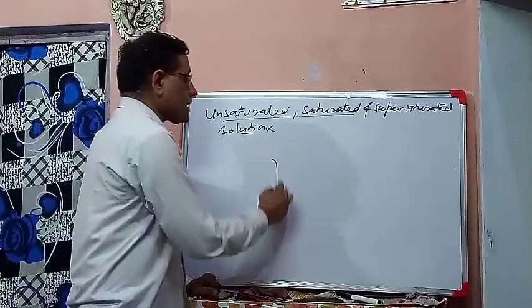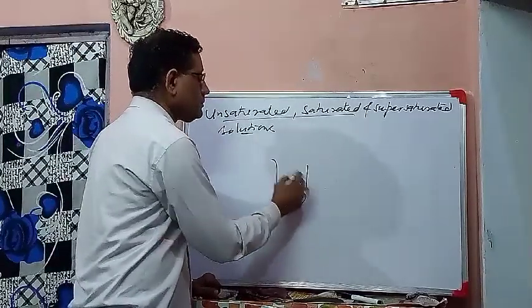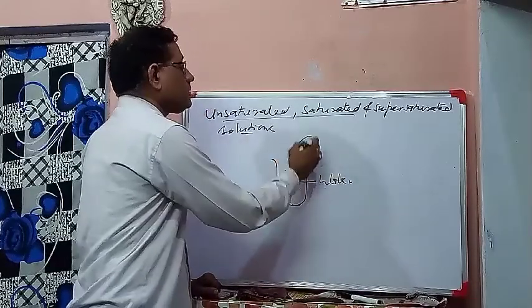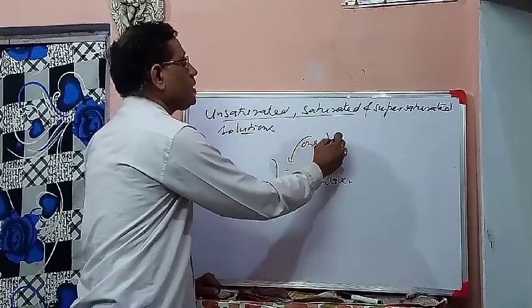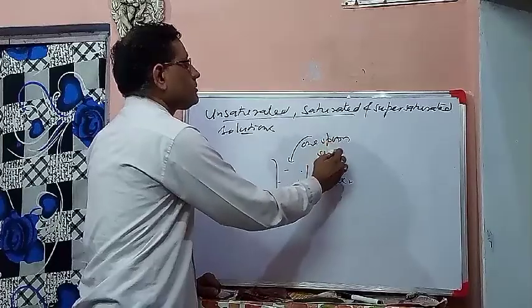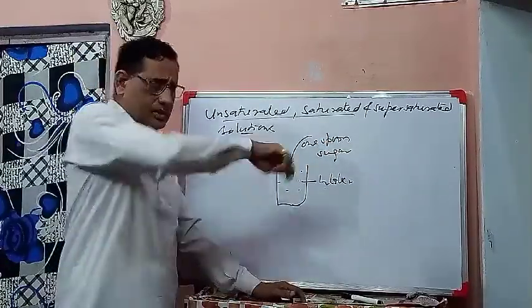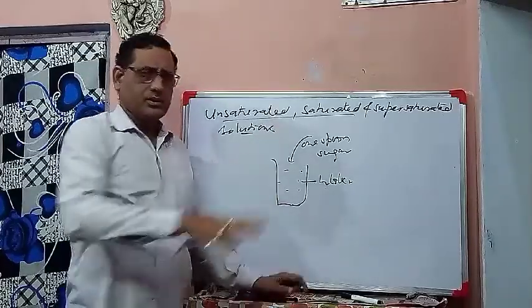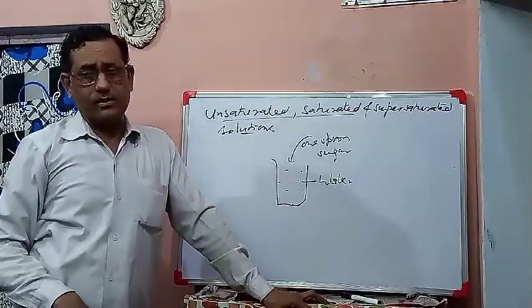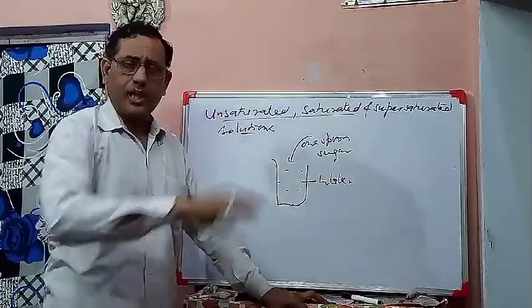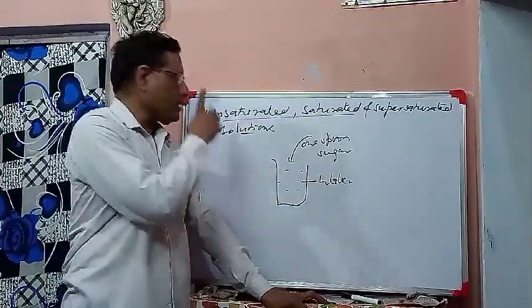You take 1 glass water and you add 1 spoon sugar at room temperature and stir to it. It dissolves. Again you add 1 spoon sugar, again stir, again it dissolves. It is called unsaturated solution.